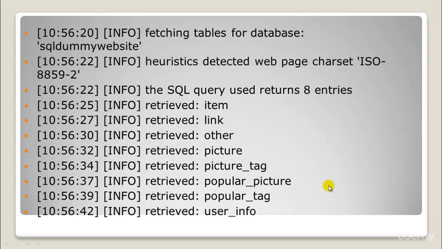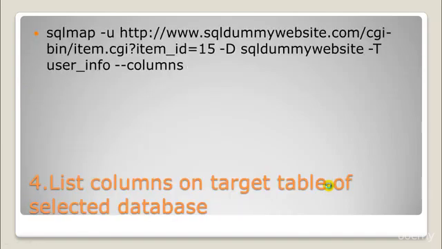And of course, we want to check what's inside the user info table using SQL map injection, as that table probably contains usernames and passwords. So now coming to step 4, we need to list all the columns on the target table of the selected database using SQL map SQL injection. We need to list all the columns on the target table user info of the SQL dummy website database.